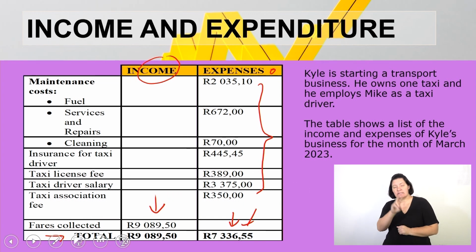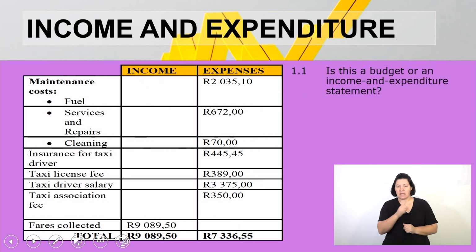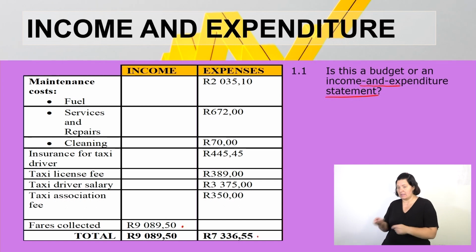Now let's see what our first question is. Question 1.1: is this a budget or an income and expenditure statement? Remember, this is an income and expenditure statement, because it already indicates to me my income as well as my expenses.